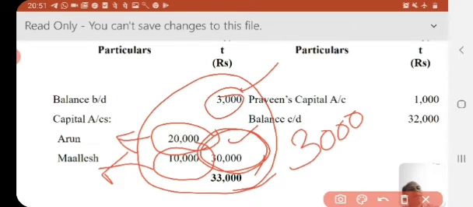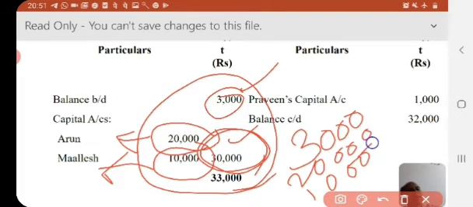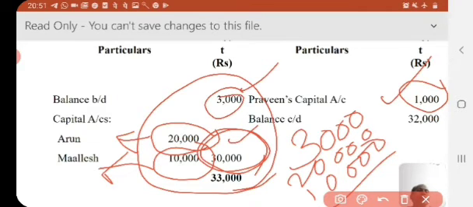Okay, and from all these amounts, that is 3,000, 20,000 and 10,000, the total is 33,000. From this 1,000 is paid to Praveen.